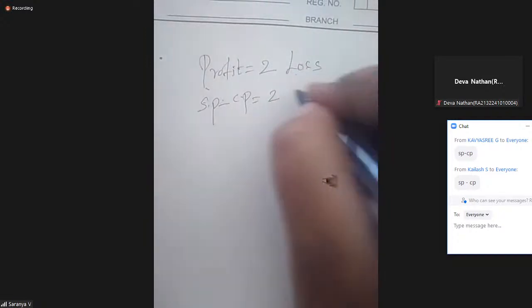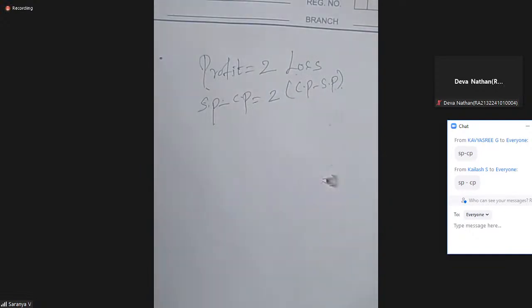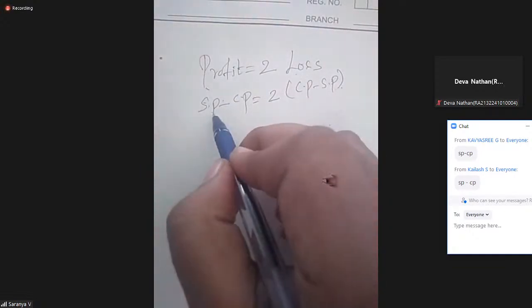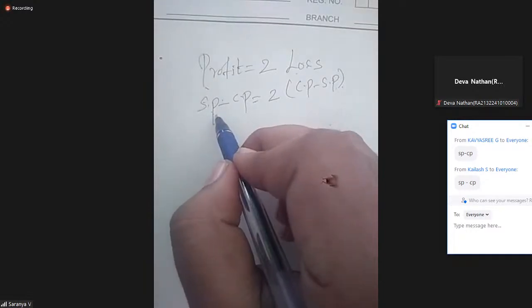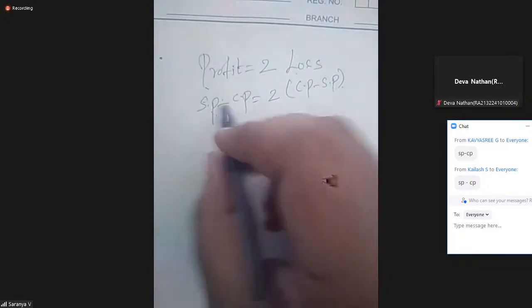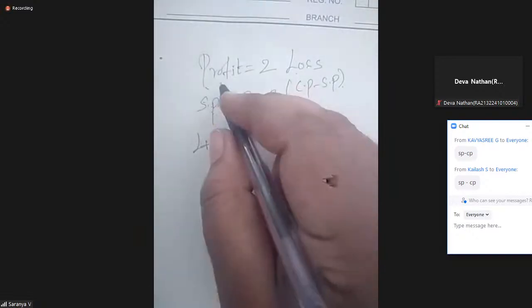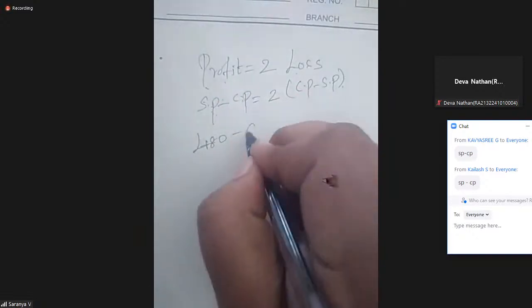And loss means cost price minus selling price. So in the case of the profit, only the selling price is given, that is 480 rupees. In the case of the profit, cost price is not given.